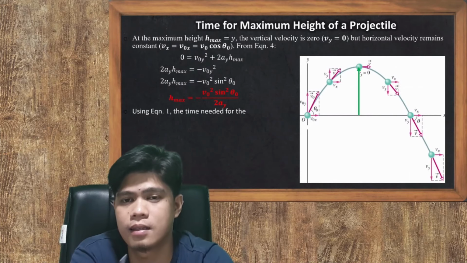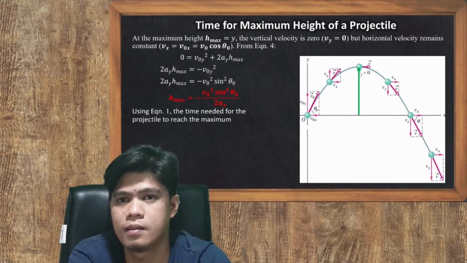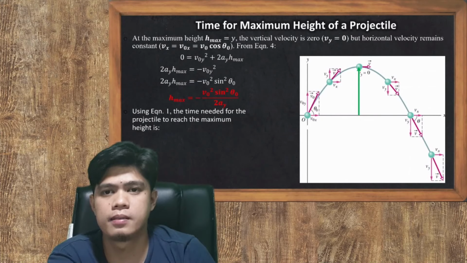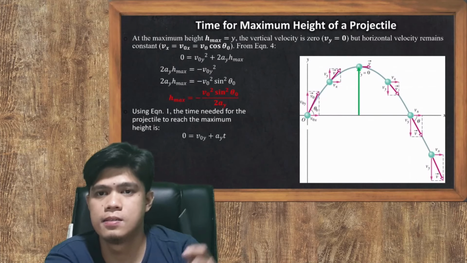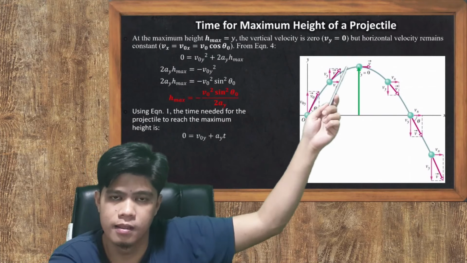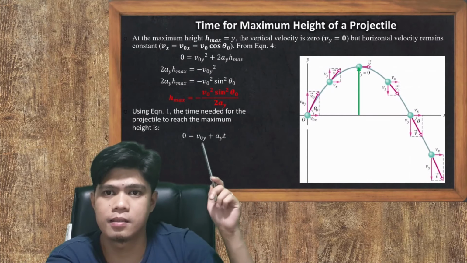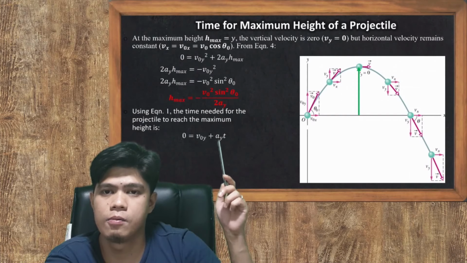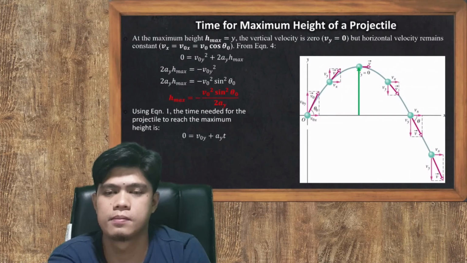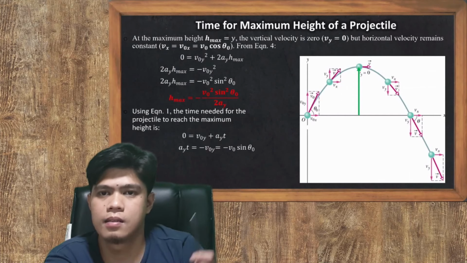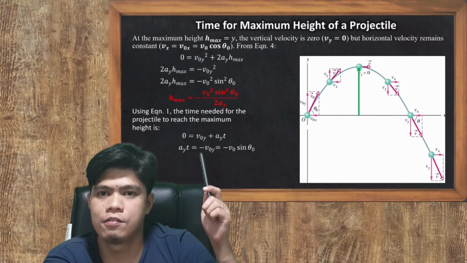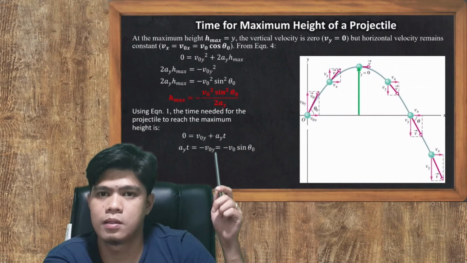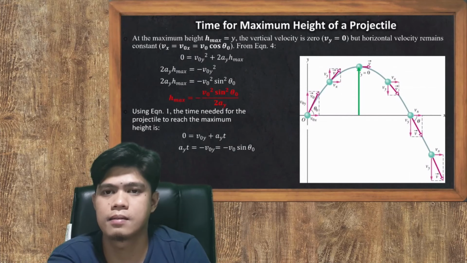And to calculate the time, we need equation 1. So using equation 1, the time needed for the projectile to reach the maximum height: since our final velocity is 0 at the maximum height, 0 equals v naught y plus ay t, or minus g t. And ay t is equal to negative v naught y, so we just rearrange this one, and we know that v naught y is equal to v naught sine theta.